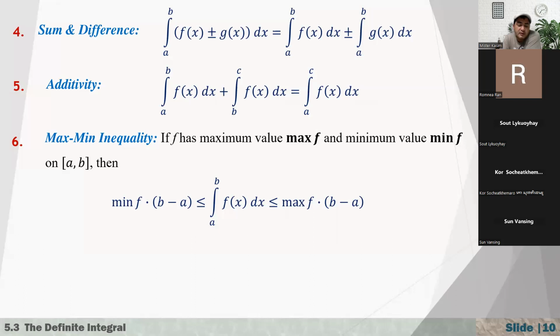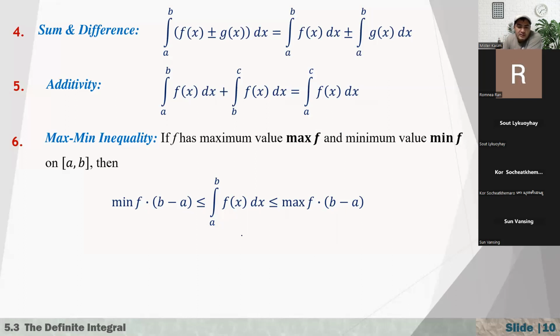So those global maximum and global minimum we are just denoting by max f and min f, because for the function to be integrable, it must be continuous over the interval. So then we have this inequality: minimum value of f times b minus a is less than or equal to the integral from a to b of f of x dx, which is less than or equal to the maximum value of f times b minus a.